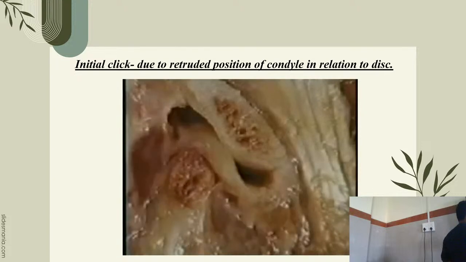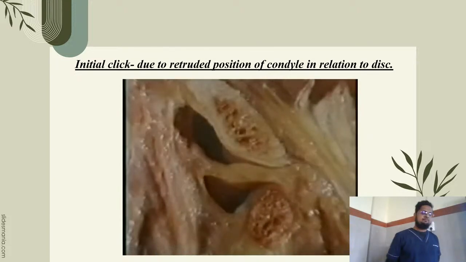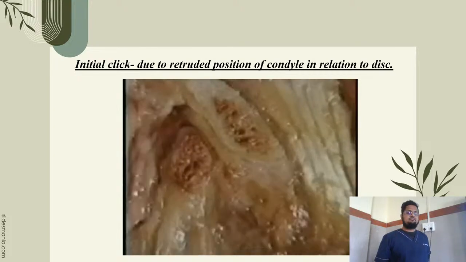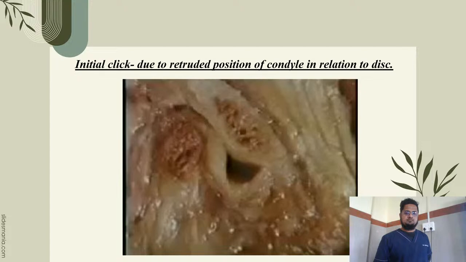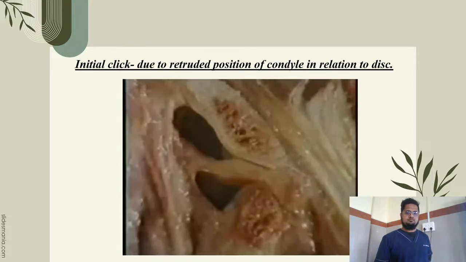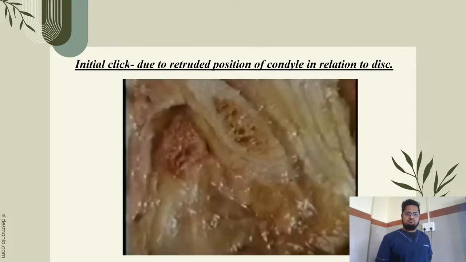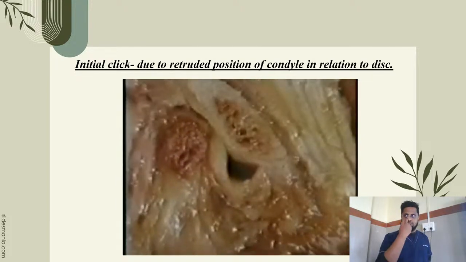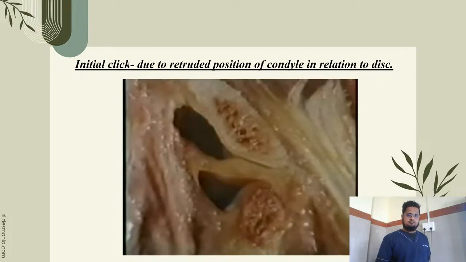On closing, see, this movement happens. This produces the clicking sound. The disc is here again anteriorly displaced. The configuration of the joint compartments corresponds very well to what has been seen on arthrograms and to observations during surgery.